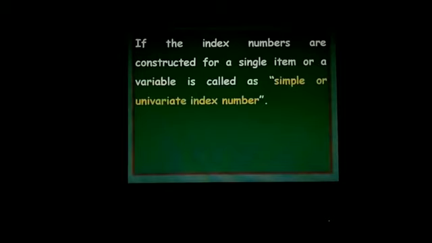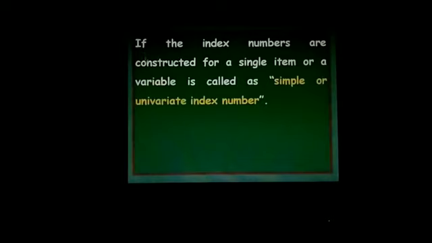In that way, if only the relative change of price of a notebook, a single item or a single variable, is considered for constructing an index number, it will be called a simple index number. Based on a group of related variables considered for construction of index numbers, it will take the dimension of composite index number.